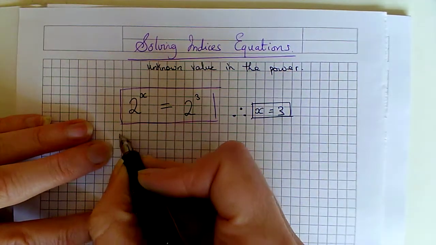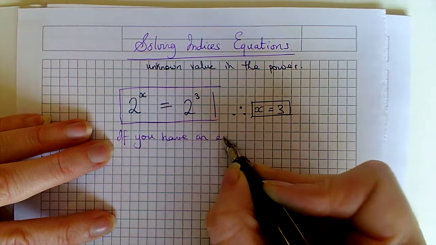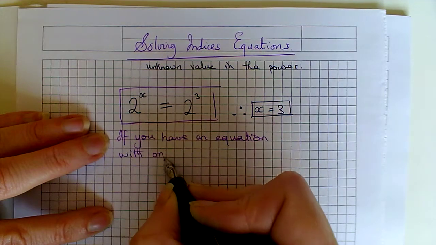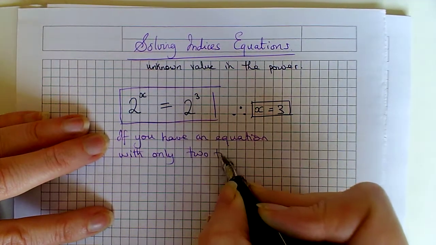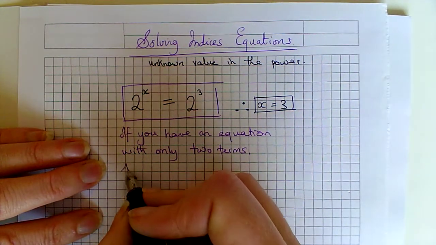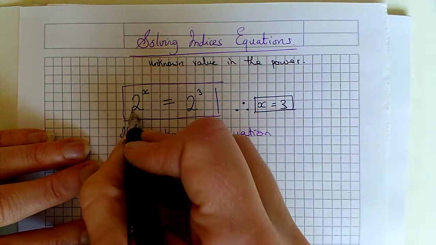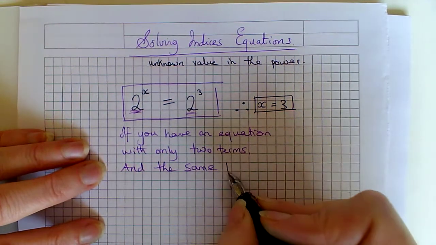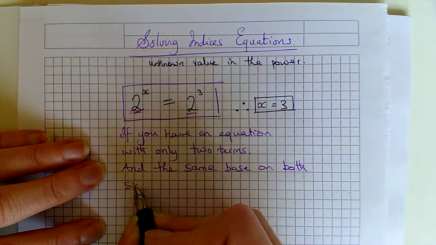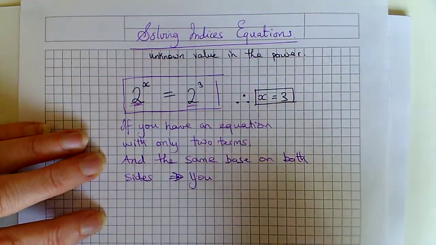If you have an equation with only 2 terms, and you have the same base, remember the base is the big number here, the same base on both sides of the equation, that means that you can put the powers equal to each other.